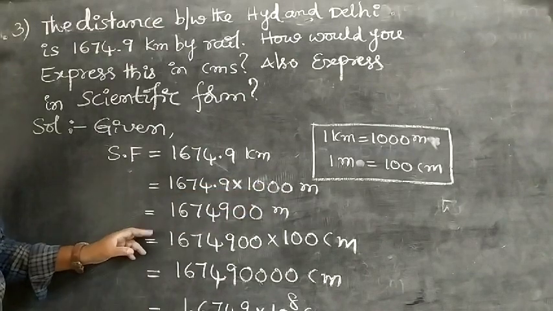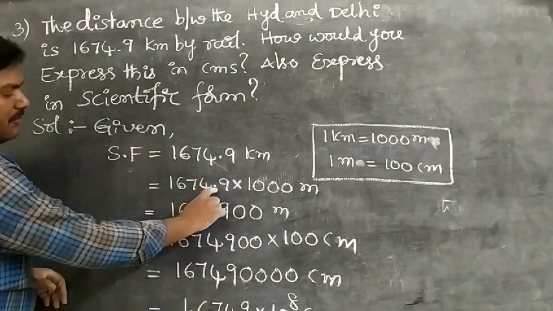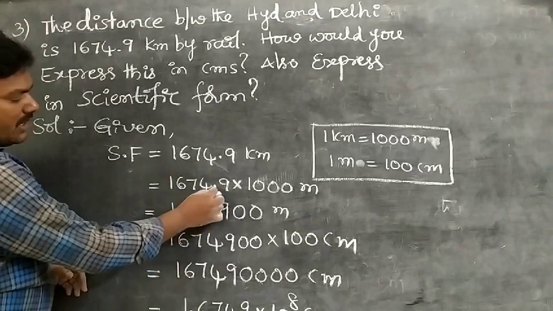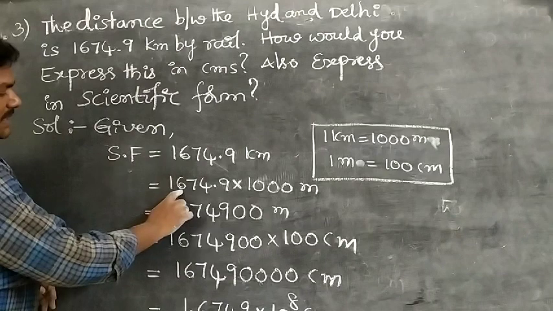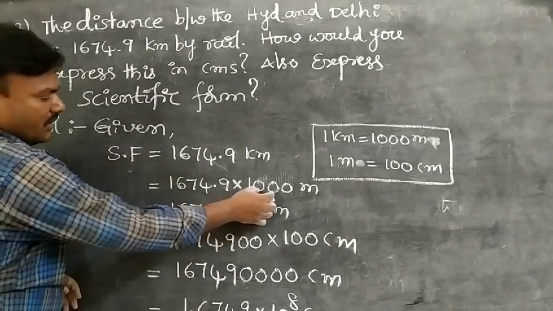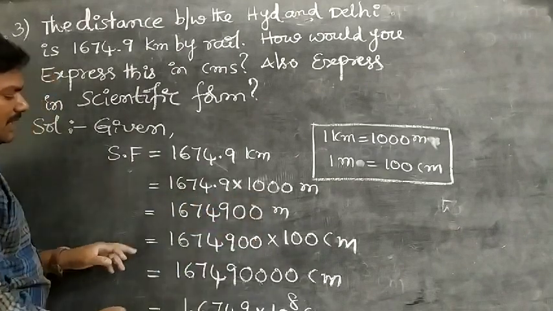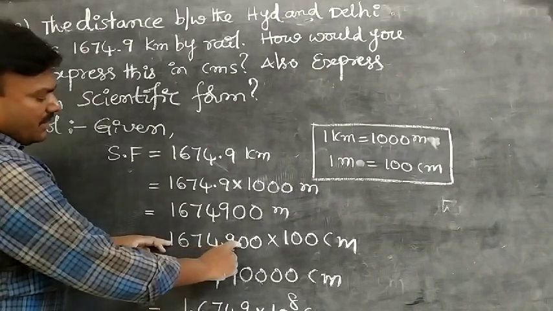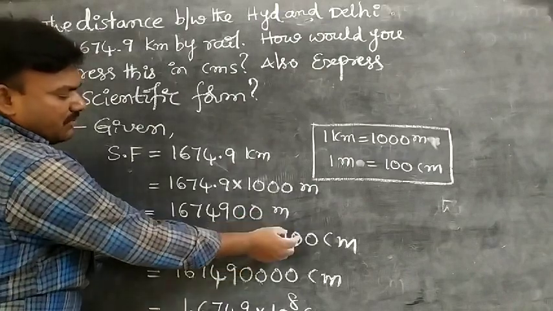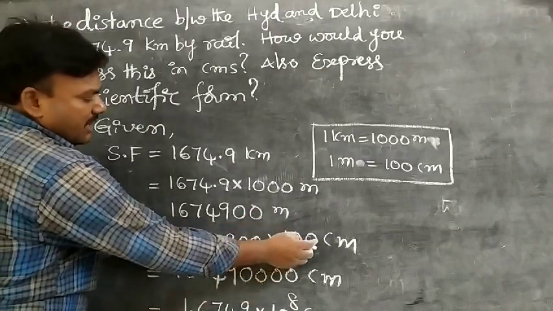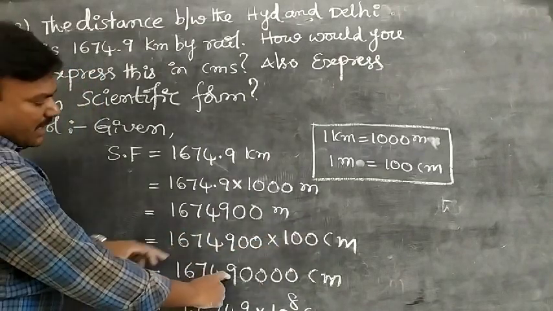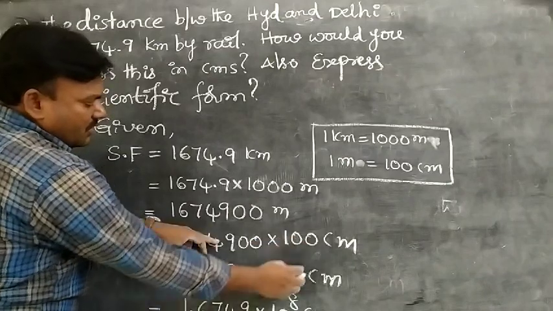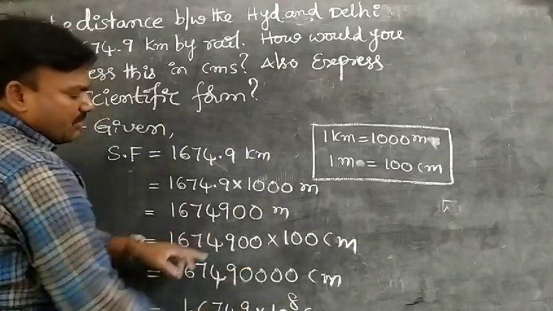Here, if we remove the point, 1 digit is there after the point, so remove 1 zero also. So 16749, remaining 2 zeros. And 1674920 meters converted into centimeters becomes 100 centimeters, which implies 16749 with 2 zeros here and 2 zeros here, totally 4 zeros in centimeters.